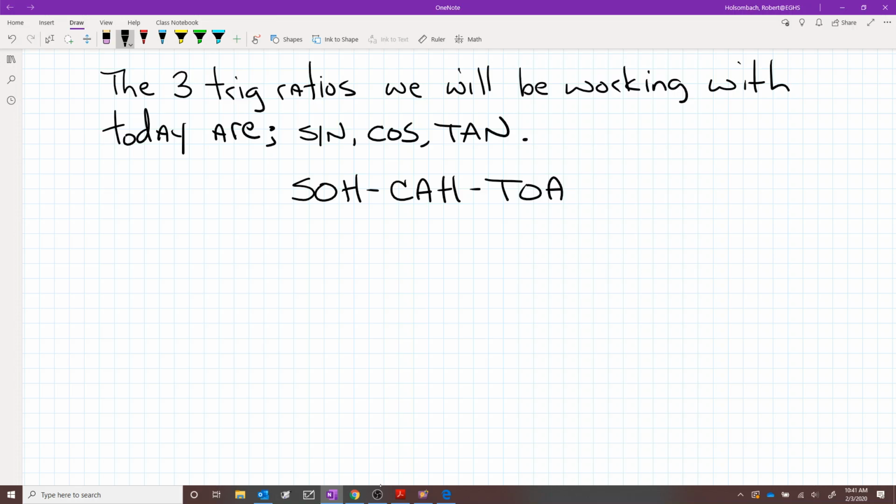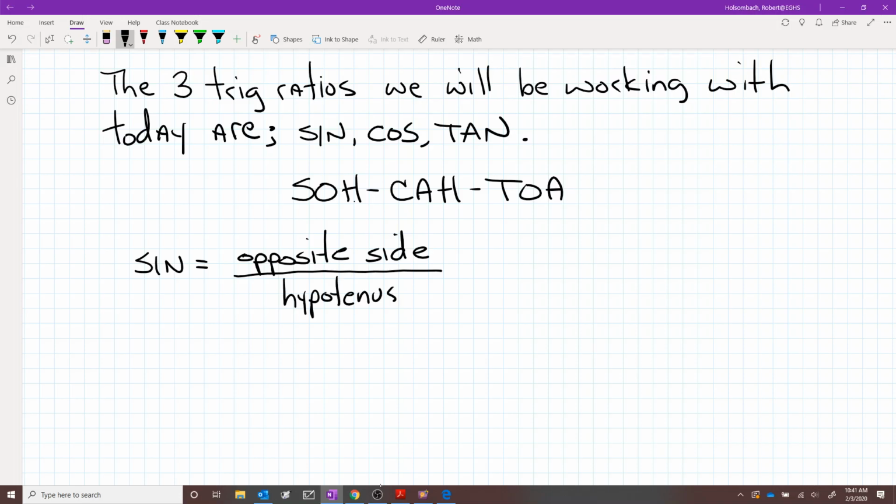So, the S, the O, and the H. Sine equals opposite side divided by the length of the hypotenuse. The sine of an angle is equal to its opposite side divided by the hypotenuse. You see where the SOH comes from?